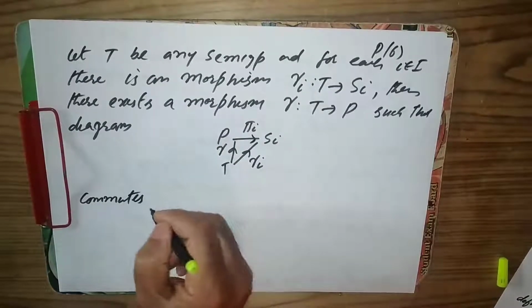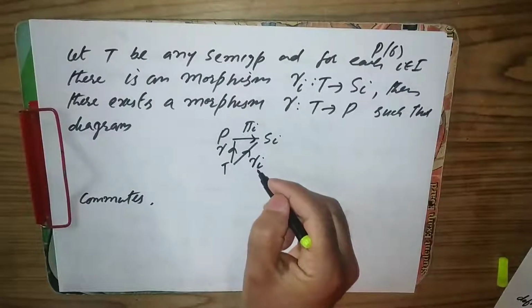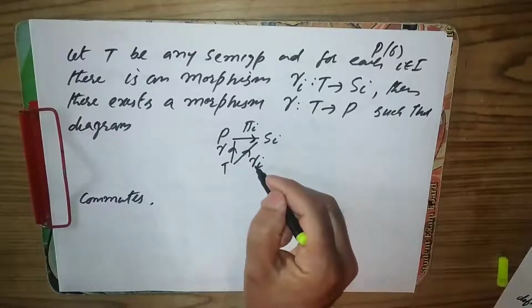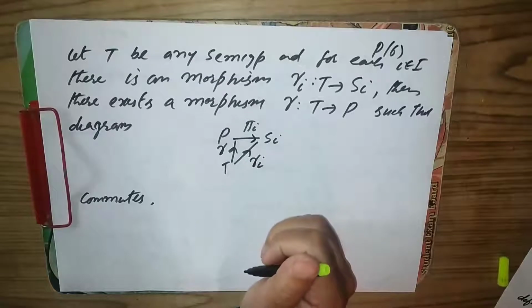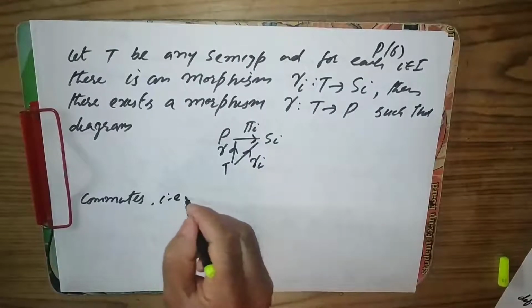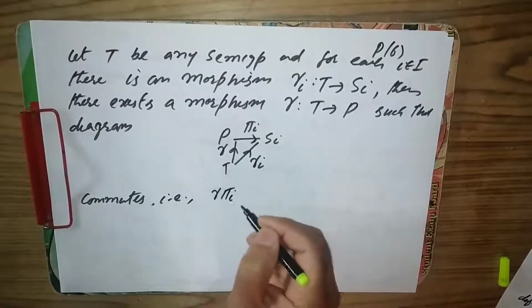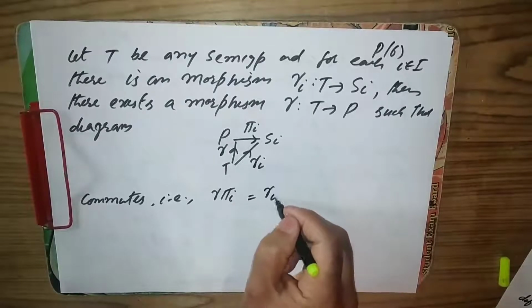Diagram commutes means that the composition of gamma and pi i is the same as gamma i. That is, gamma pi i, this composition, is the same as gamma i.